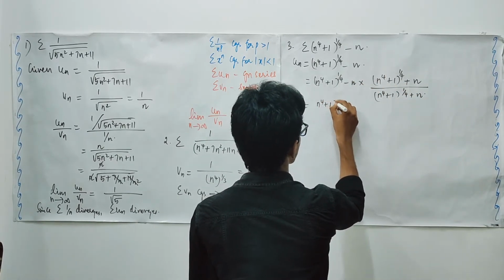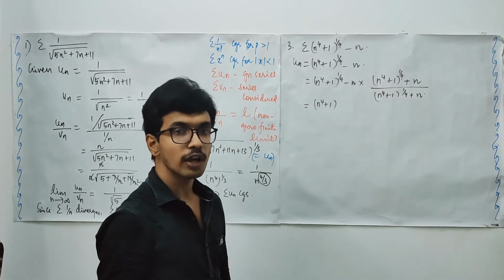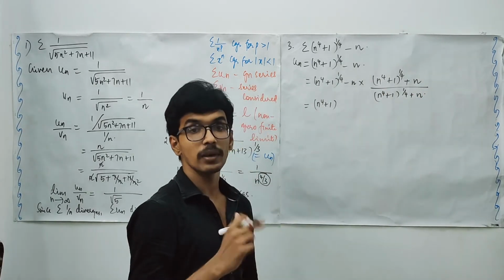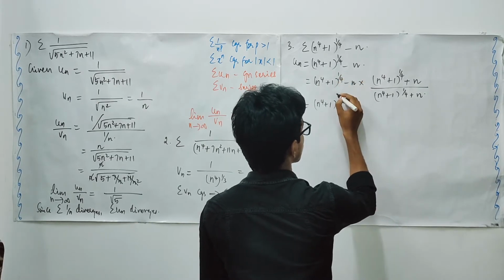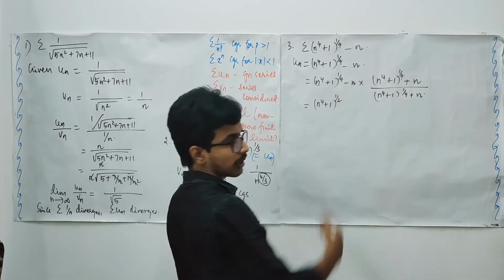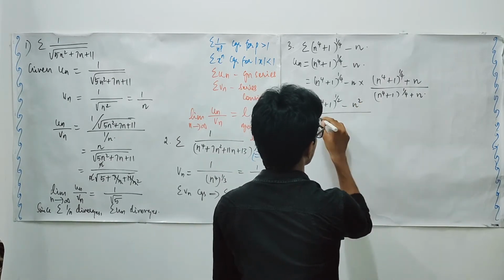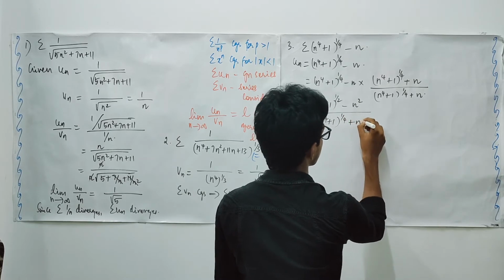N power 4 plus 1, 1 upon 4 plus 1 upon 4, it is in the form of a minus b into a plus b. So it is going to be a square minus b square. So when you manipulate it, you are going to get n power 4 plus 1 to the power 1 upon 2 minus n square upon n power 4 plus 1 to the power 1 upon 4 plus n.